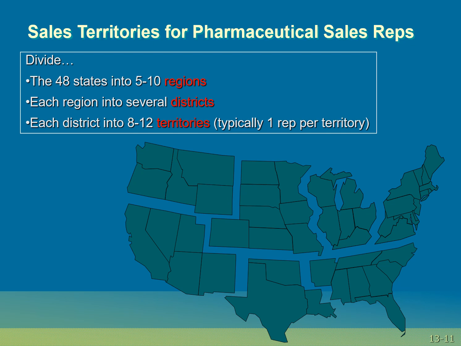Each region is divided into several districts, and each district into 8 to 12 territories. Then each person will be in charge of one territory. That's how pharmaceutical companies divide their sales force and sales tasks.